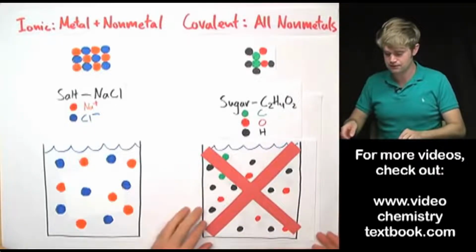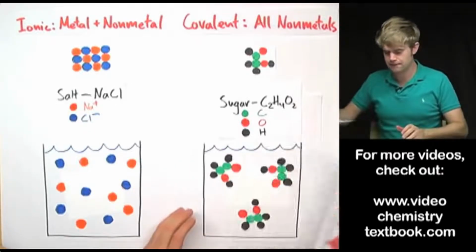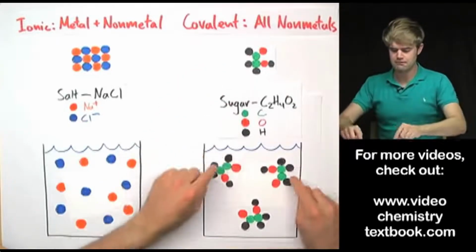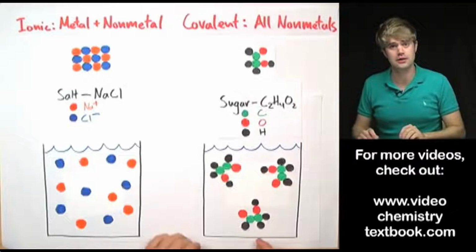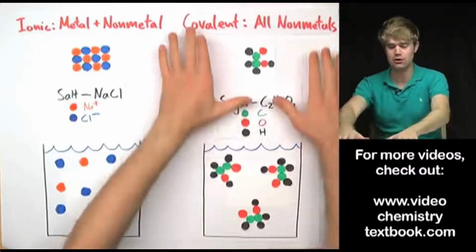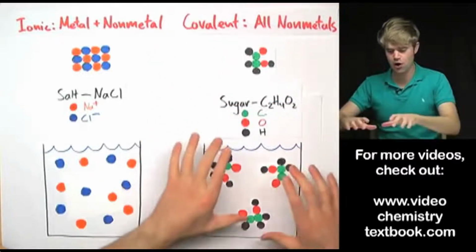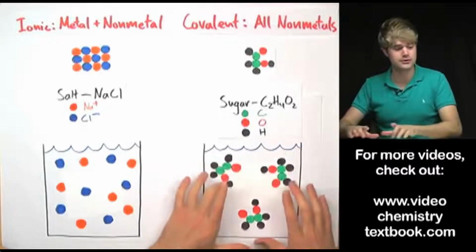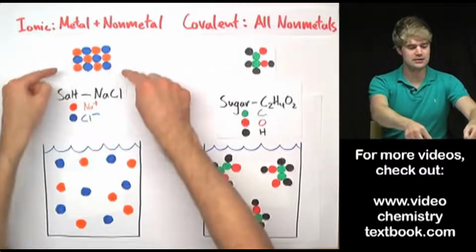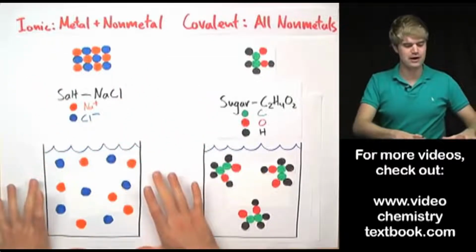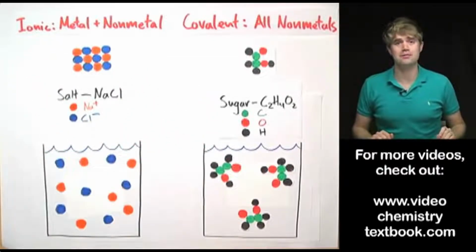Big red X. Instead, the molecules stay together. Well, the atoms in the molecules stay together. So this is a big difference between how covalent compounds dissolve, where the molecules stay molecules, and how ionic compounds dissolve, where the grains of these things like salt actually break apart into the individual atoms.